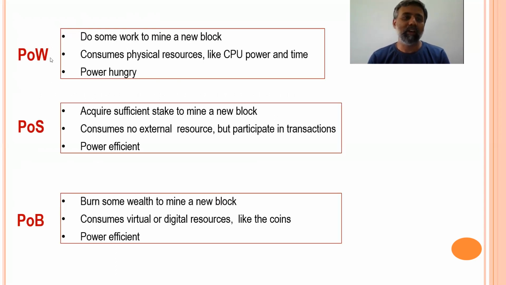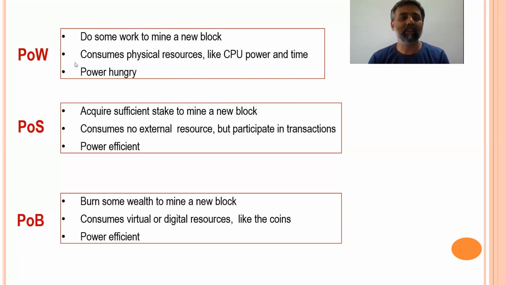So if we summarize our comparison of PoW, PoS, and PoB, that is proof of burn. In PoW, we do some work to mine a new block and consume physical resources like CPU power and time.